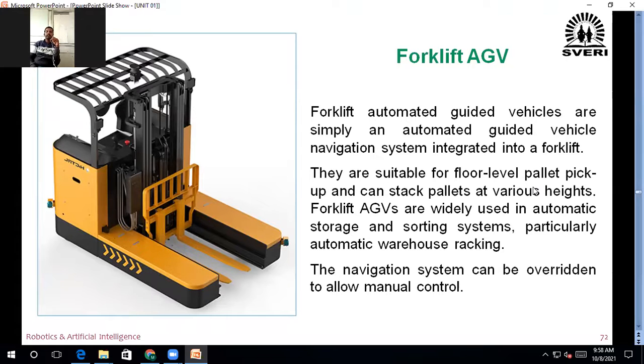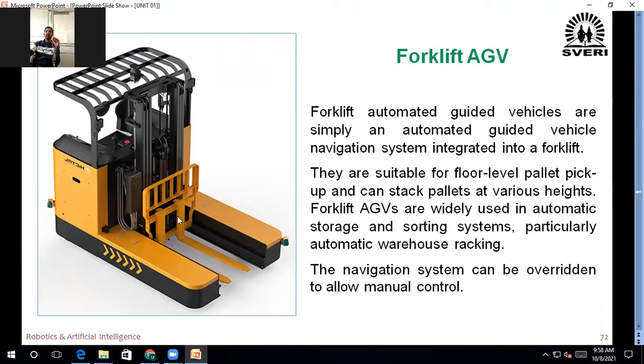To carry weight in industries, we require this forklift for moving from one place to another place. एखादं weight आहे तुम्हाला ते move करायचं असेल तर in that case we require this forklift.